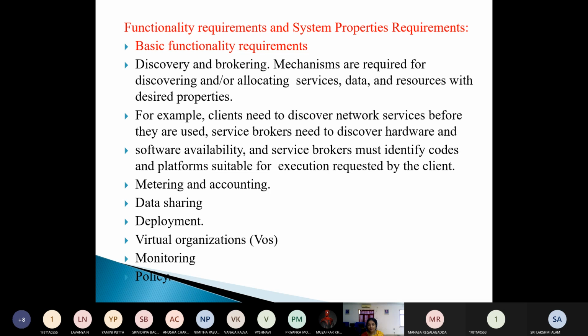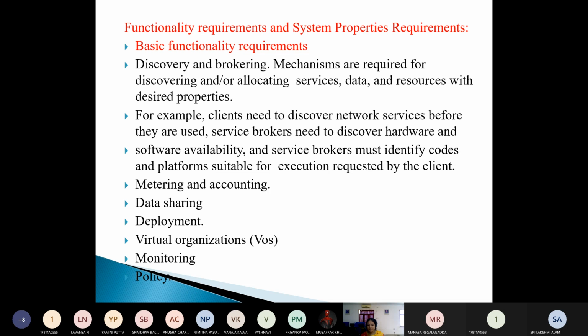For example, clients need to discover a network service before they use it. The service brokers need to discover hardware and software availability, and must identify the code and platform suitable for execution requested by the client.